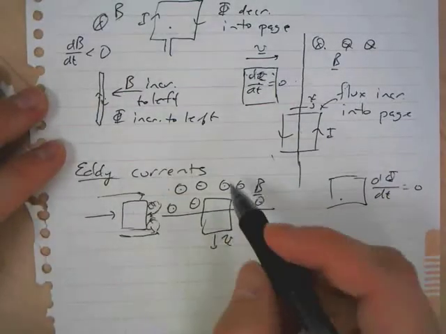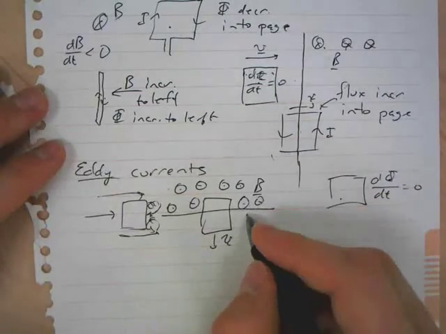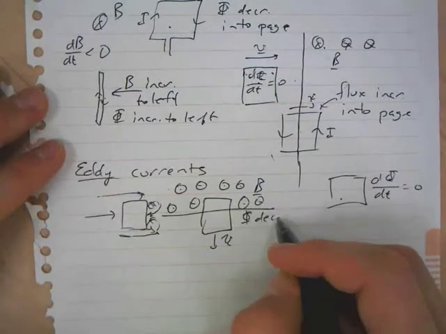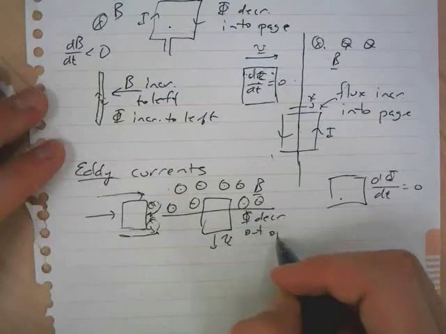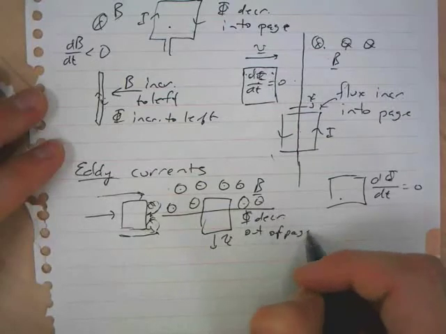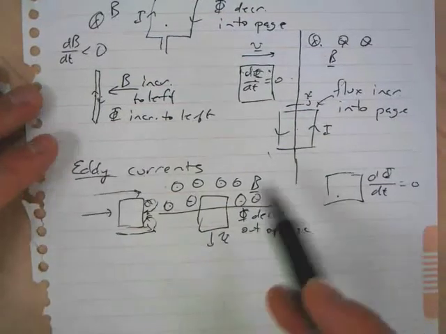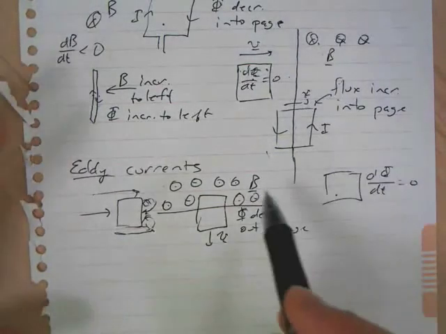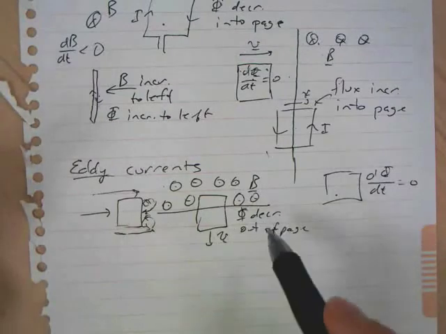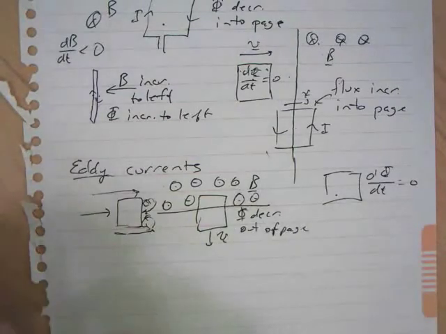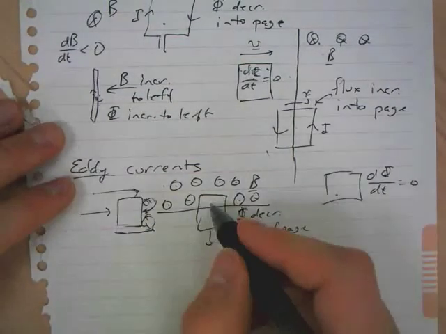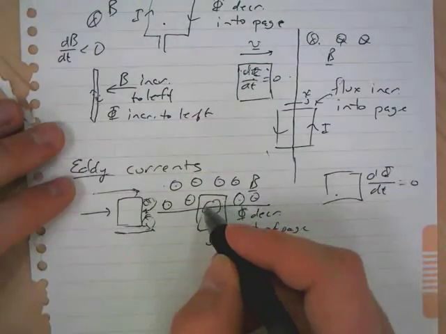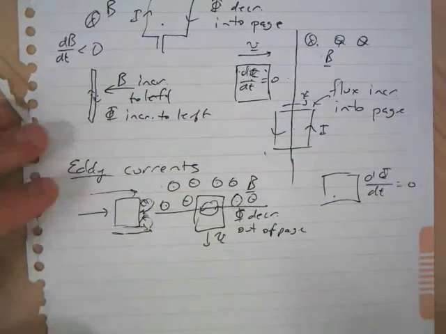The flux through this sheet is decreasing in the out-of-page direction, and so then there's a current that's generated to counteract that change. So it wants to generate a B field that goes out of the page, and so there's this current that flows around this way.